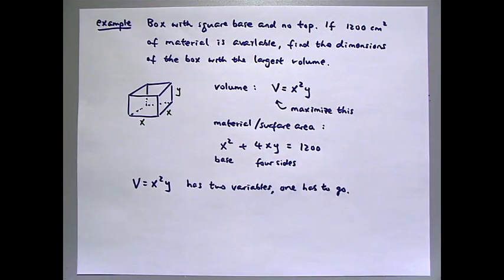Normally, you want to eliminate the one that appears least often. If they appear equally often, you usually want to eliminate the one that shows up in the simplest way possible. X squared is more complicated than y to the first, right? So y shows up in a more simple way.